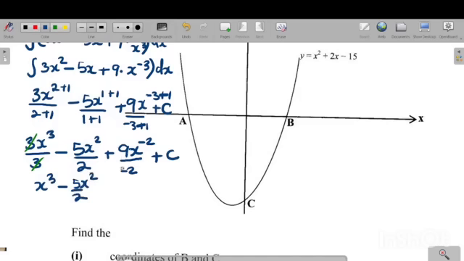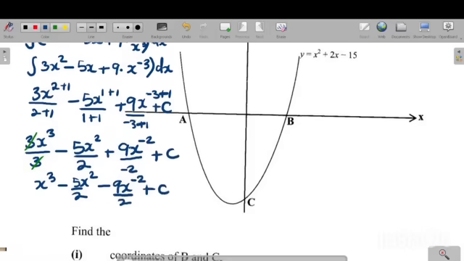Then here you have 9x to the power negative 2 divided by a negative number, which is negative 2. So meaning you are going to have a negative here, then 9x to the power negative 2 over 2 plus c.